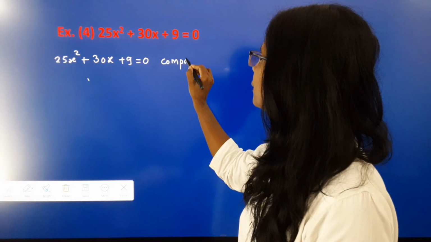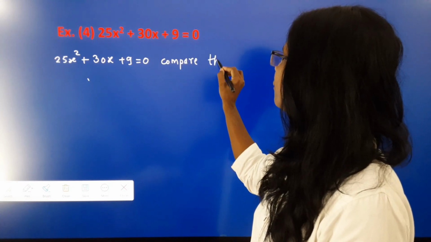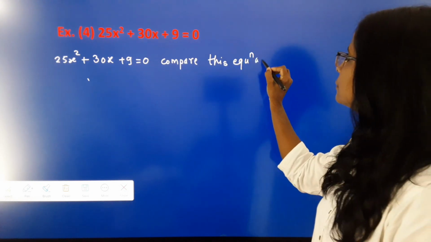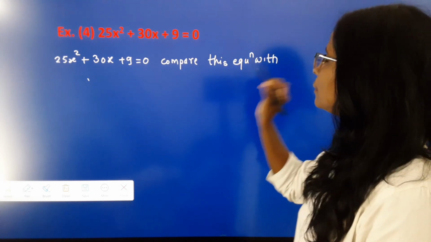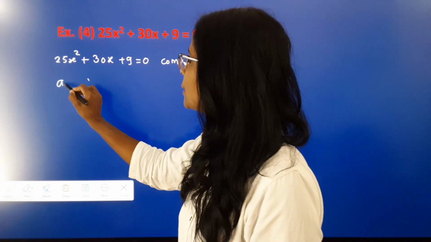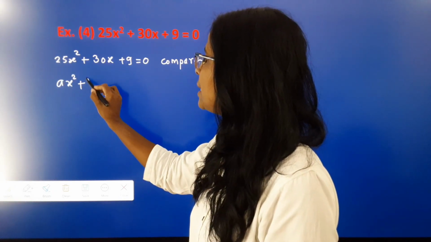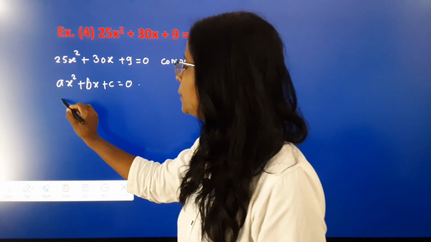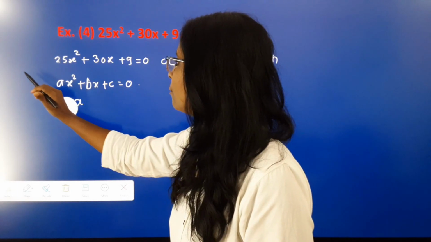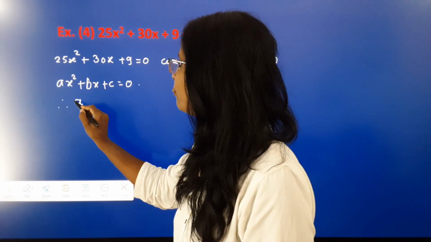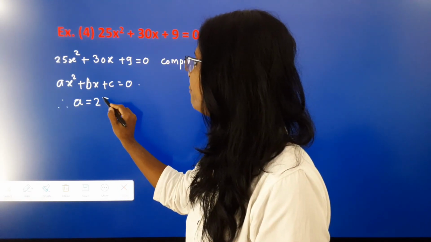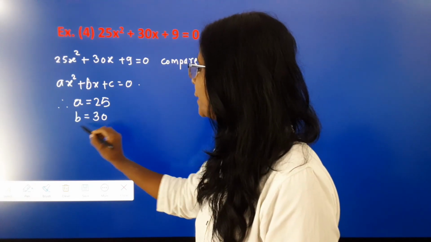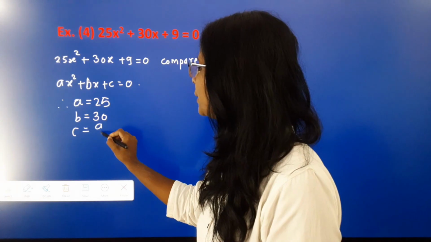Compare this equation with ax square plus bx plus c is equal to 0. Therefore, a is equal to 25, b is equal to 30 and c is equal to 9.